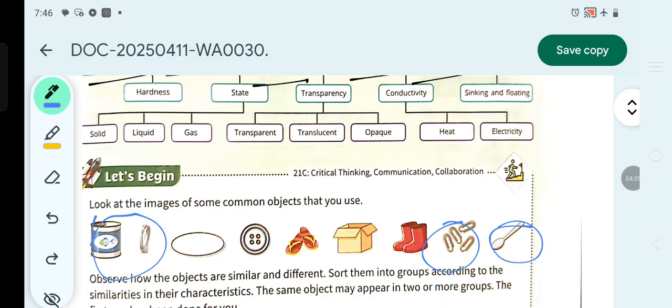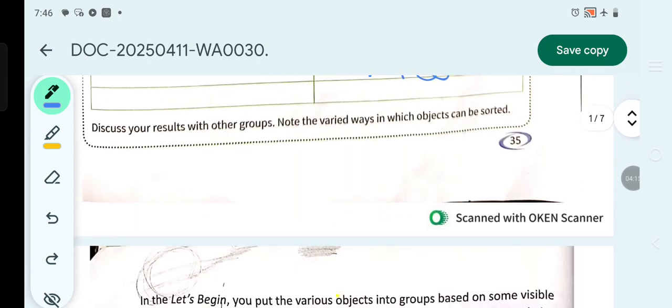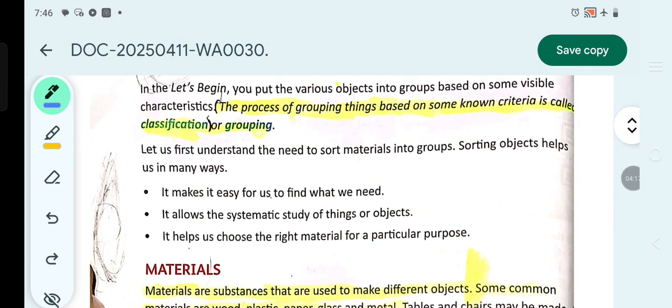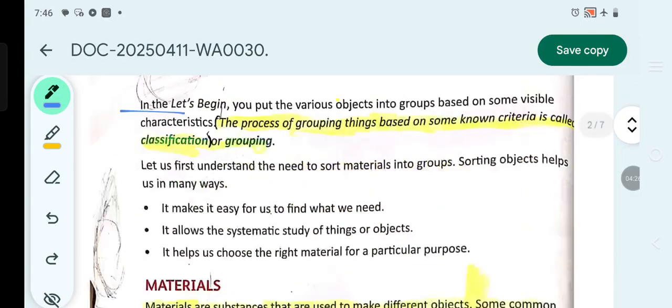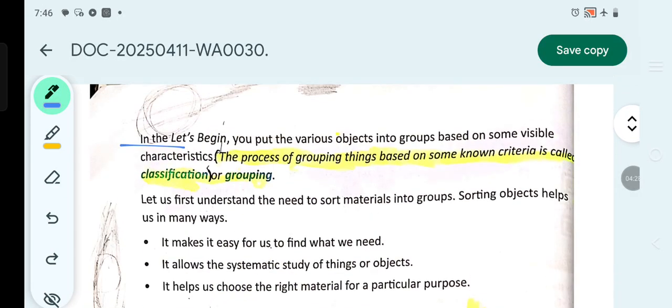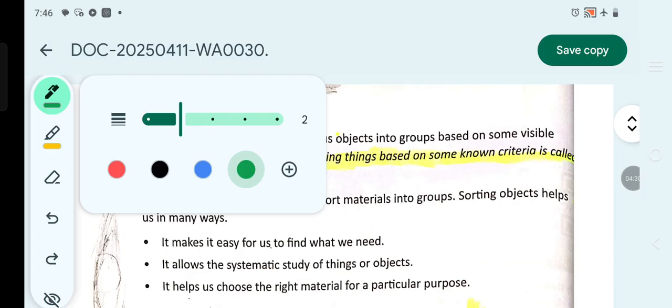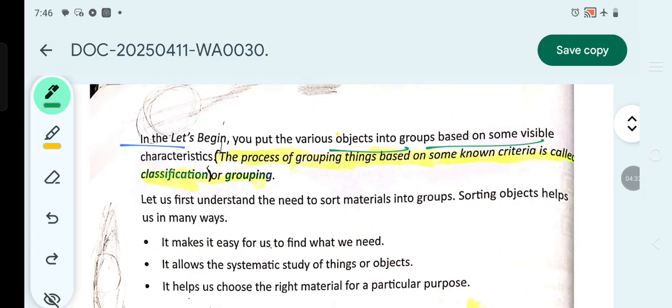Okay, so now as we have figured out how to sort material into groups, let's begin. We have studied and seen that we put various objects into groups based on some visible characteristics.